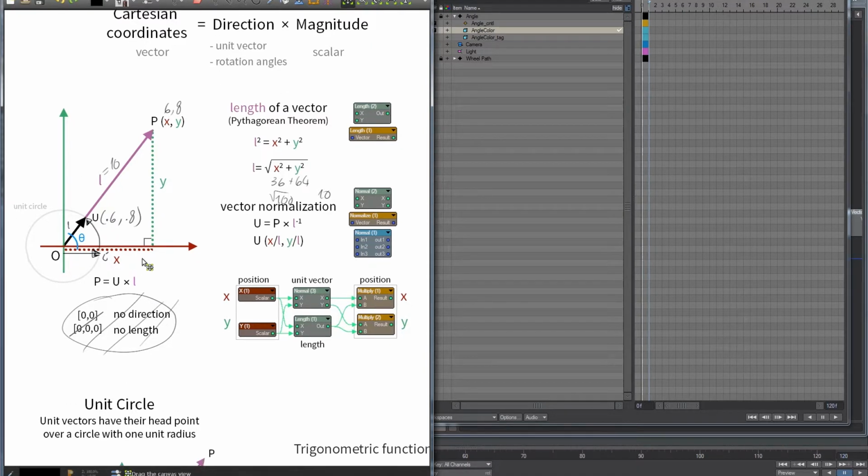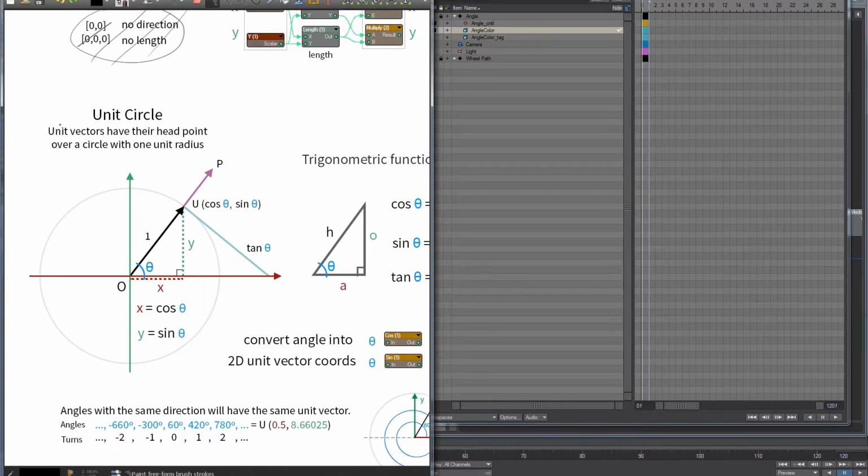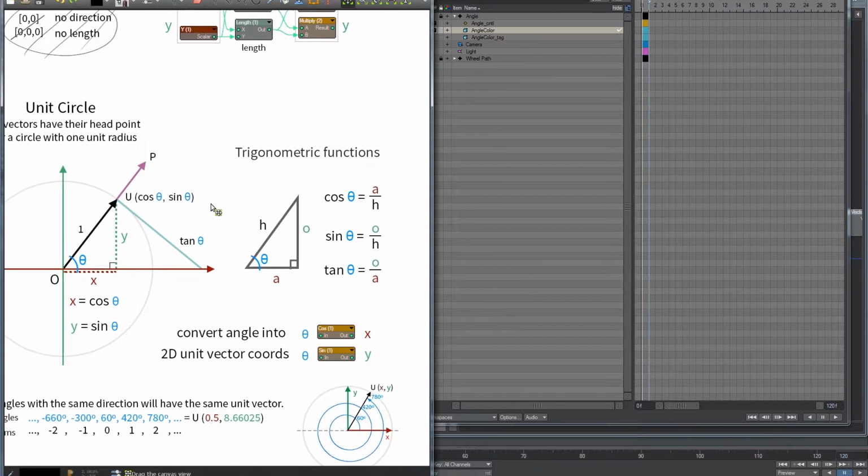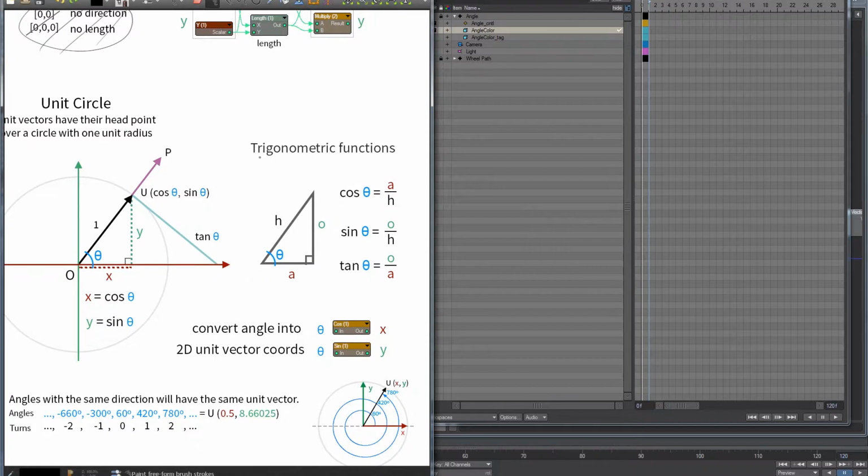So here I have the unit circle where the unit vectors lie, and I have here this vector OP and its unit vector OU. And here I have the trigonometric functions which create a relationship in right angle triangles between the angles and the sides of the triangle. So this is a bit of a key between the coordinates and angles.